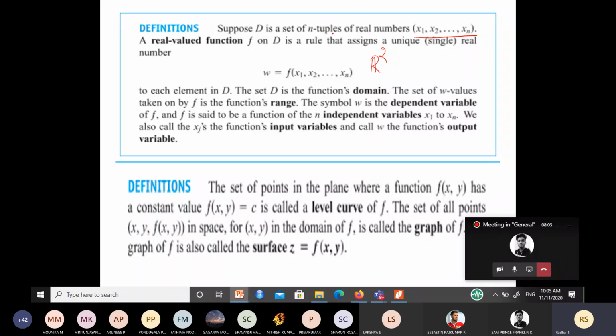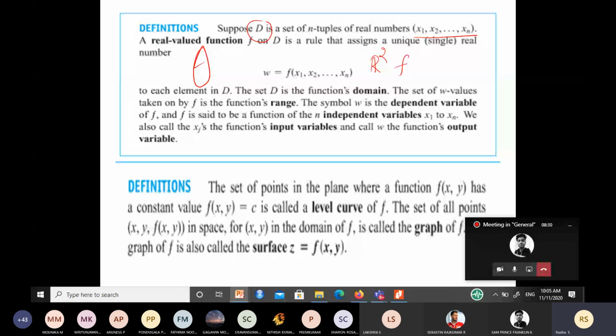Suppose D is a set of n tuples of real numbers. It is a subset of R power n. It need not be R power n exactly, because we are not going to include all the elements of R power n. We include only a subset, and that subset we call D, usually the domain. So what do you mean by a real valued function?